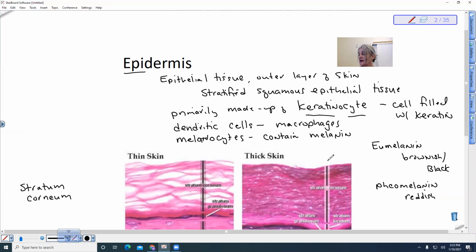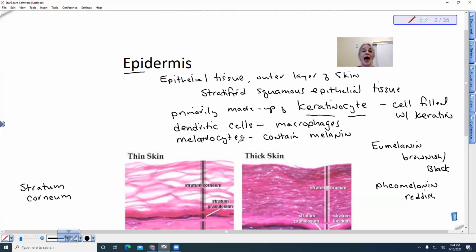Now, interestingly, those melanocytes can produce more melanin in response to UV radiation. For example, tanning. If you are outside in the sun, you are going to produce more melanin and you might get darker. If you tan using a tanning bed, that's the same thing. You have UV radiation, and that could also cause you to tan, to get darker.